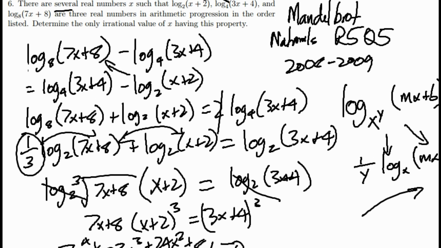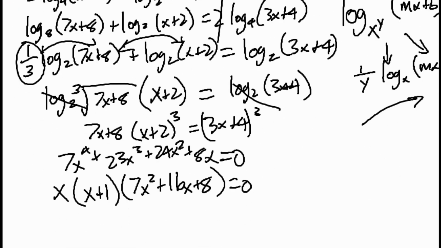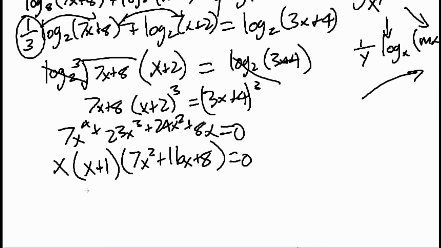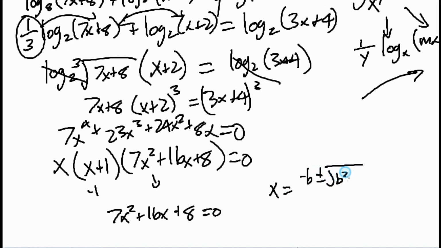Okay, so we want the only irrational value of x having this property. Negative 1 is not irrational, so we'll take this quadratic and look for an irrational solution. Everyone knows the quadratic formula is -b plus or minus the square root of b squared minus 4ac, over 2a.